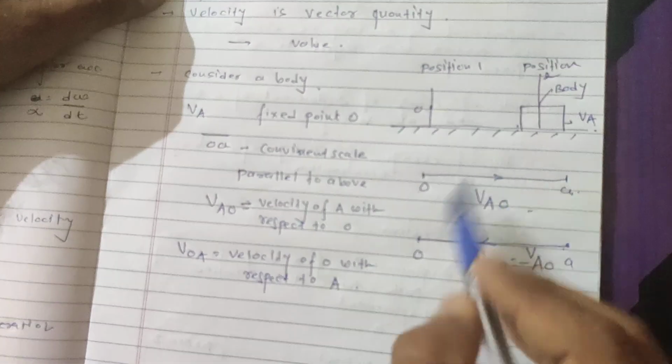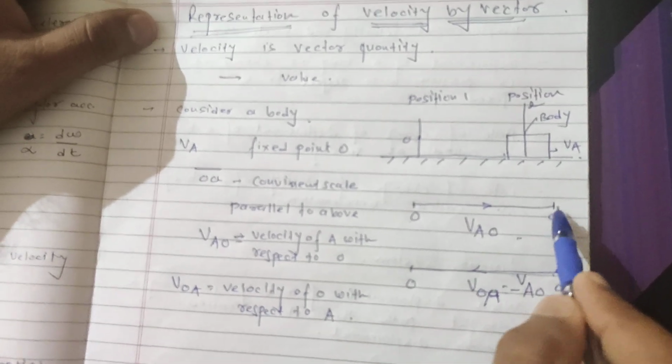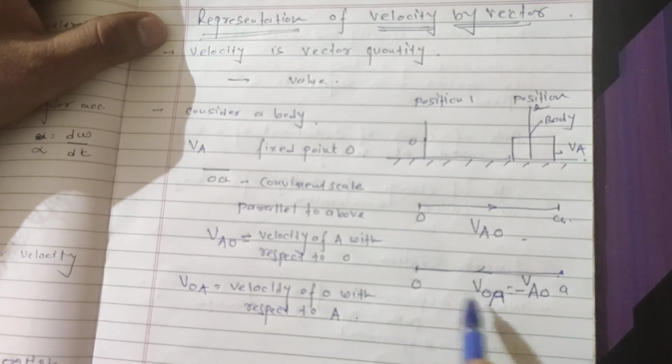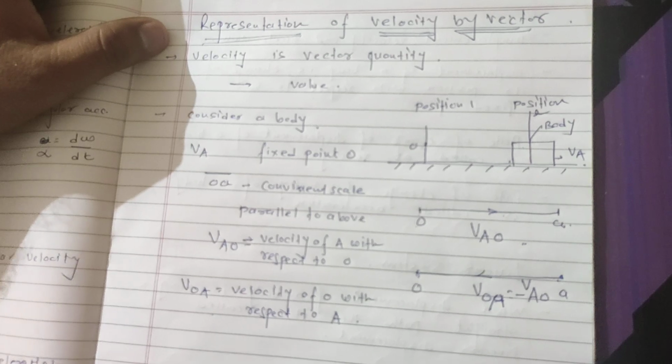When we consider VAO, it means velocity of A with respect to O. In the same way, over here, velocity of O with respect to A. This is the representation of the velocity by vector.